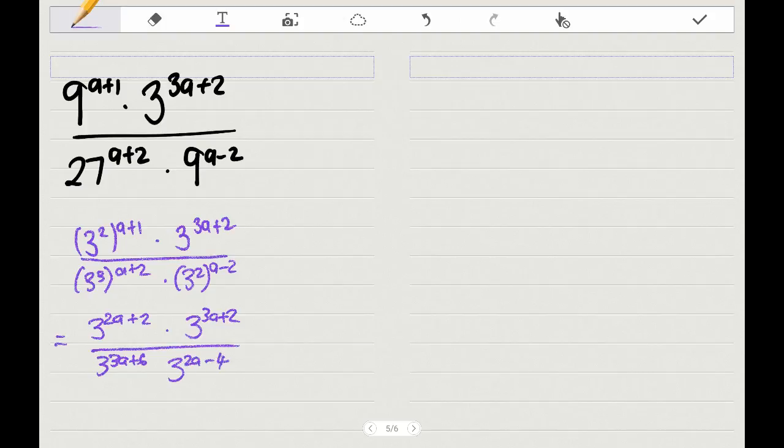3 to the 2a minus 4. So now we're going to use the rule that if we're multiplying, we're adding. So it's 2a plus 2, and we add that, plus a plus 2. And then over here, we're subtracting, so it's minus 3a plus 6. And again, subtracting minus 2a minus 4. Then we distribute.